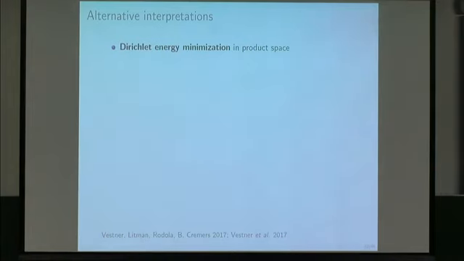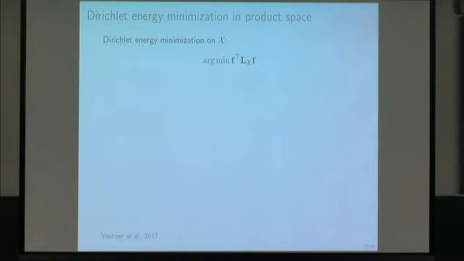Okay, let me show you, maybe with a little bit of hand waving, a few alternative interpretations of this iterative procedure. Let's remind ourselves, I'm writing everything in the discrete setting.